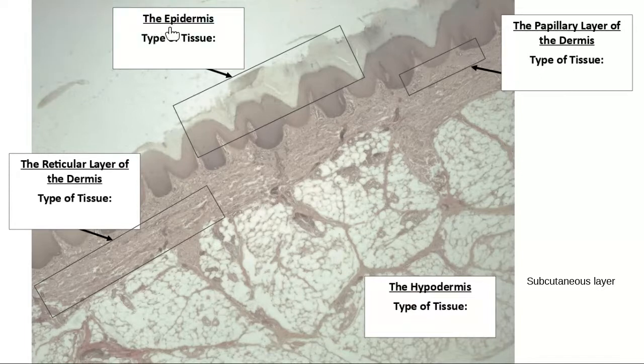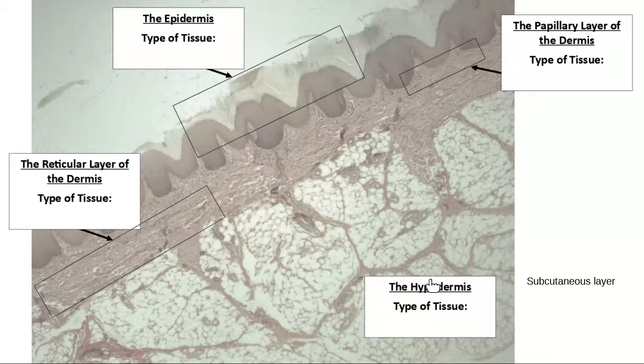I'll mention now, and we'll see this a few other times too, this beginning part right here called the epi prefix. Epi means above. So the epidermis is the outermost layer that is above the part of your skin that's called the dermis. And below the dermis, we have the hypodermis.